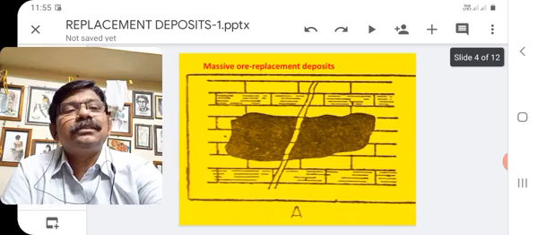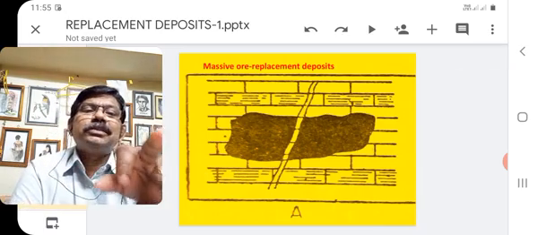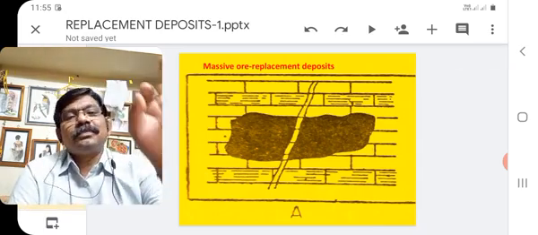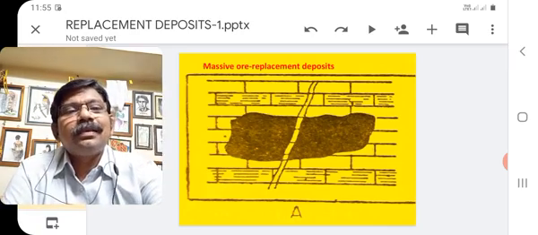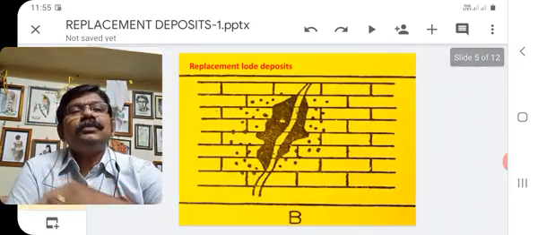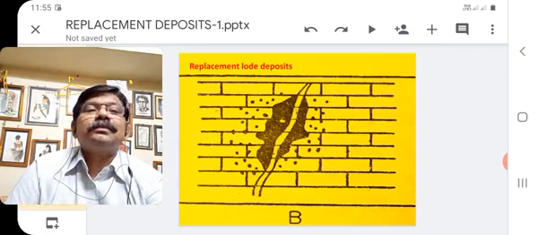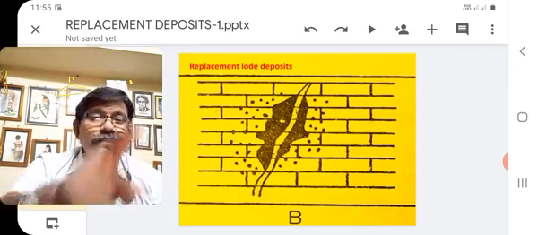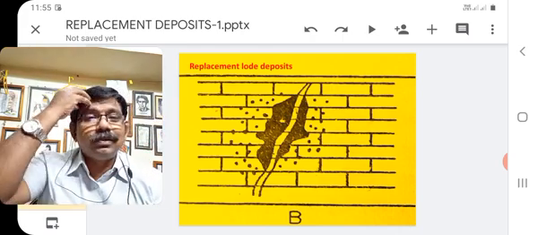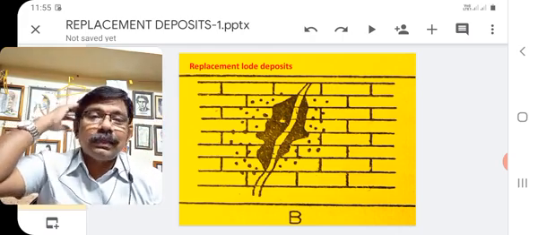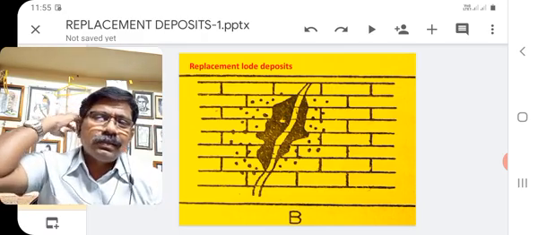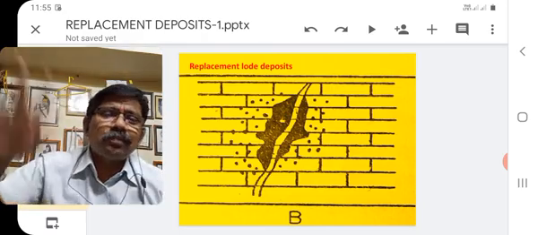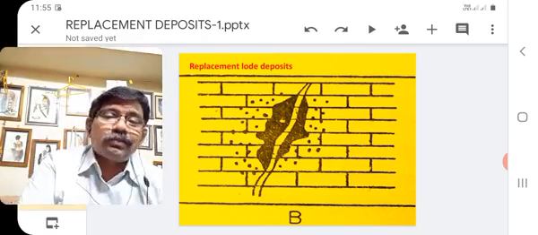Next, this is what we observed just now, massive ore replacement deposits, right? Then I will move towards the load replacement deposition. You remember this word load again and again in geology, in so many chapters after studying the hydrothermal process.